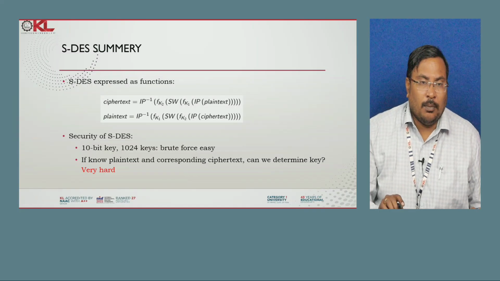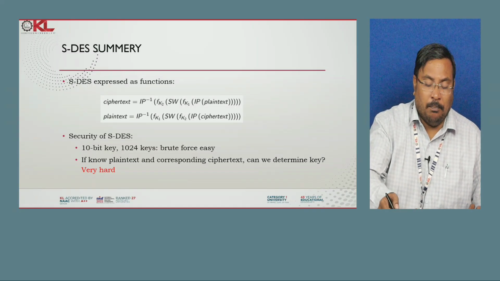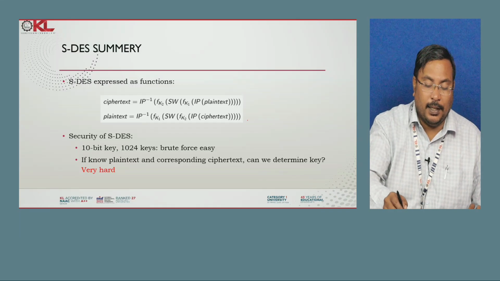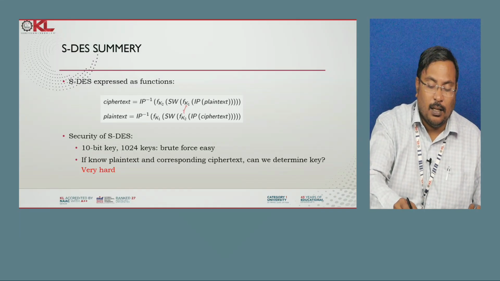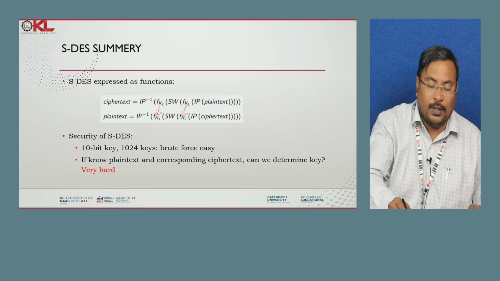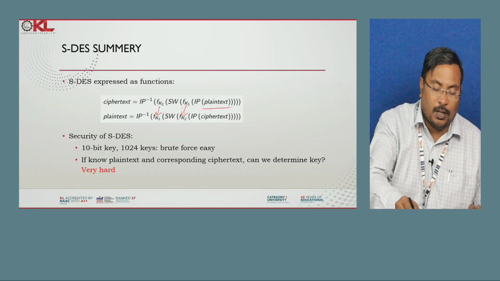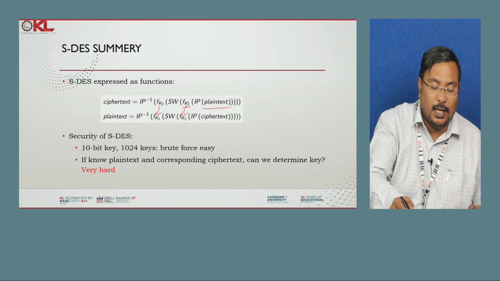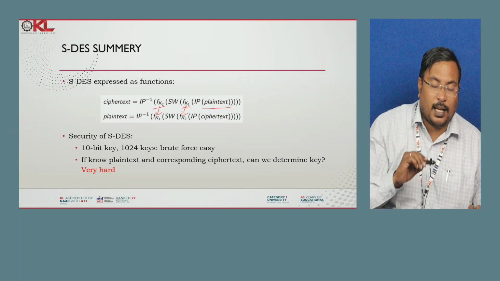SDES algorithm uses the same functions for encryption and decryption. The thing is, the keys are different. For the plain text, the first round uses the first key and the second round uses the second key.